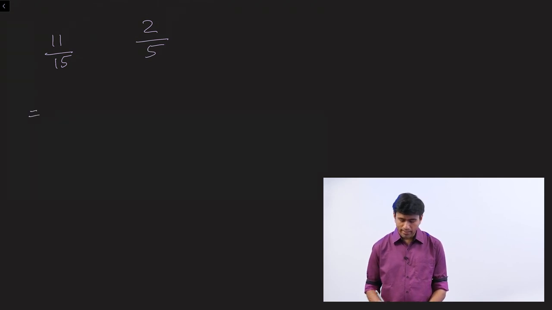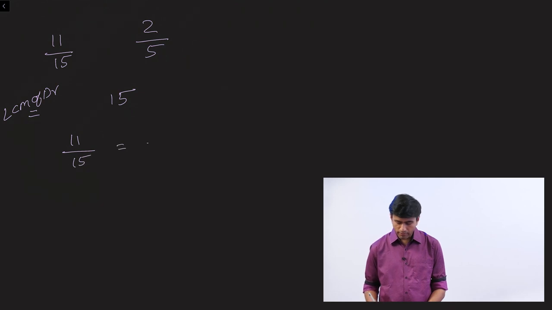How do we subtract? Let's take an example. How do we subtract 11 by 15 from 2 by 5? The same process. Find the LCM. LCM of the denominator is 15. So 11 by 15, we are changing it into equivalent fractions. Into 1 is 11. How about 2 by 5?